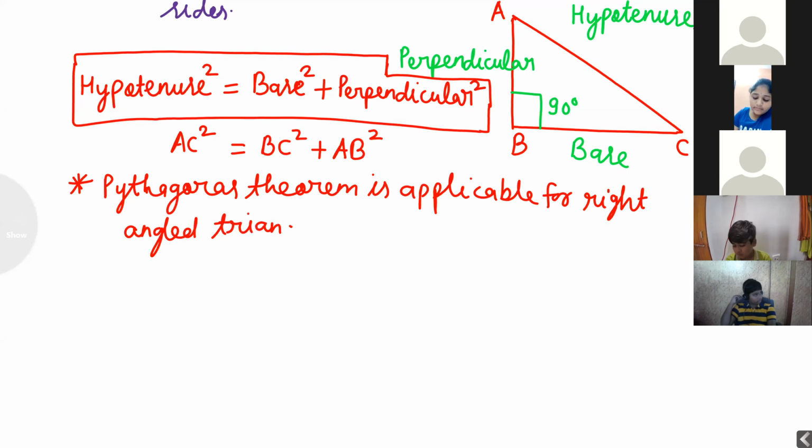Or we can say right triangles also. Right triangle or right angle triangle, both are the same.